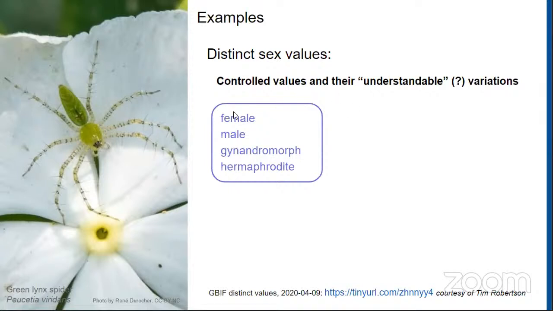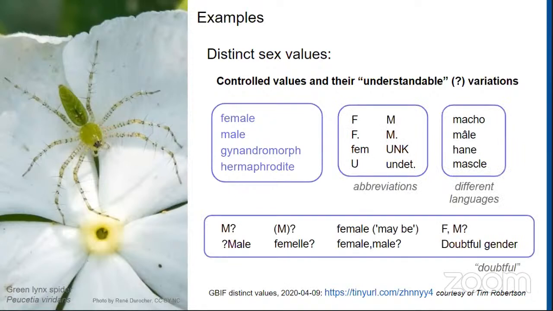And so, for example, we find female, male, gynandromorph, hermaphrodite, and then we have other values that we can guess what they are, more or less with some confidence. So if we find an F, we can guess this means female.